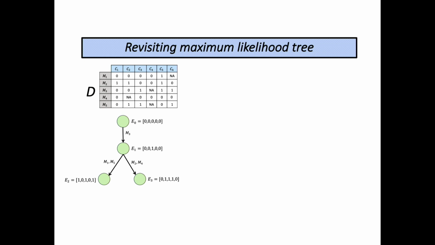A few of these tools have been made available for ILP and QIP, as many of you know, integer linear programming and quadratic integer programming. And more recently, we have been interested in the use of weighted MaxSAT solvers for combinatorial optimization problems like this. And you can imagine this problem as the construction of a maximum likelihood tree for a given matrix.